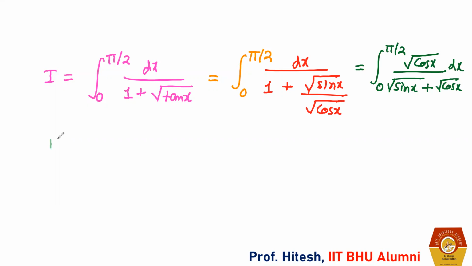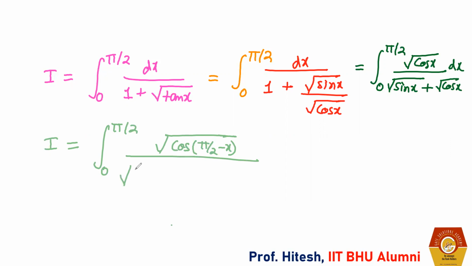Okay, so I is equal to, see, now can you say I is also, put a minus x, so pi by 2 minus x, in cos and sin, the property we are using.